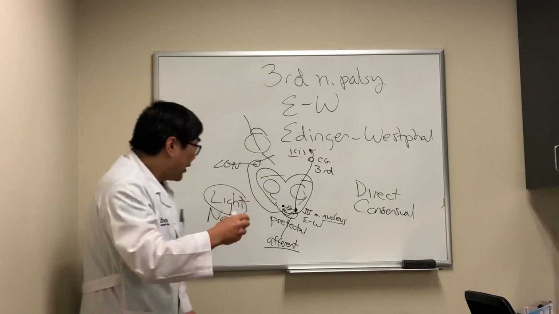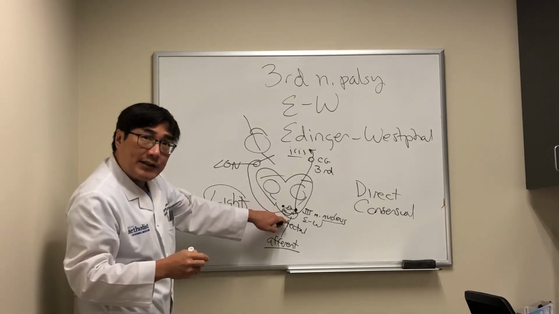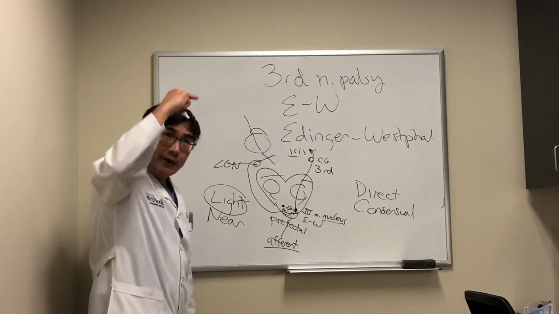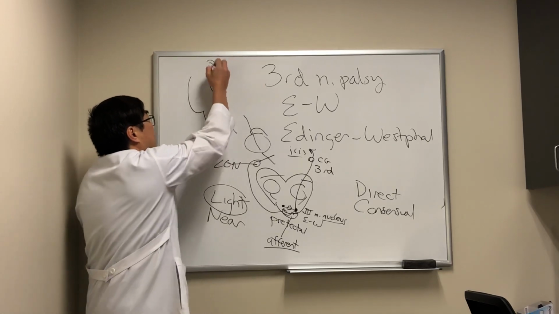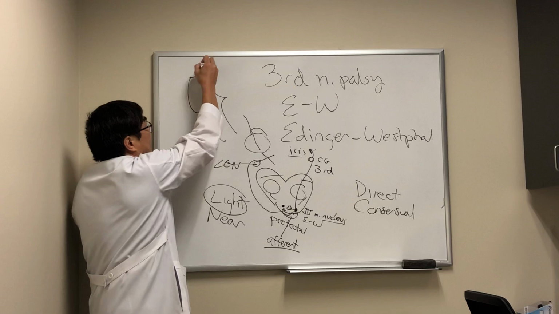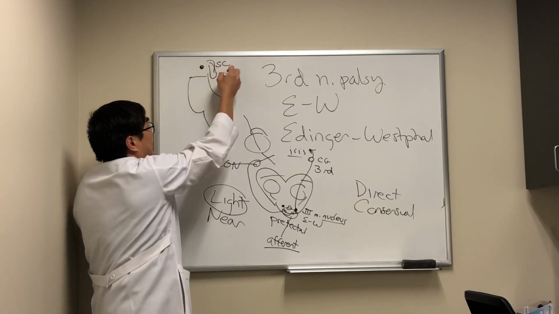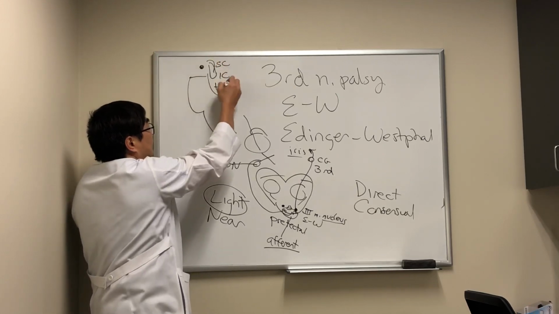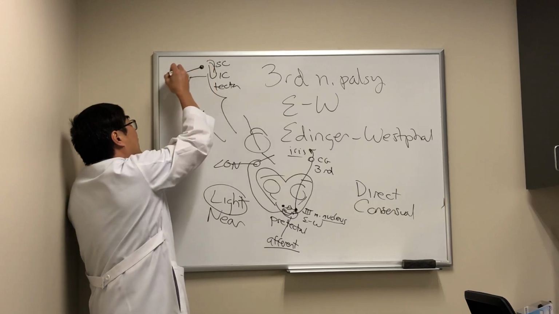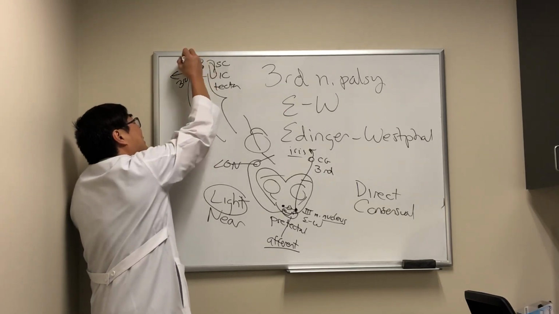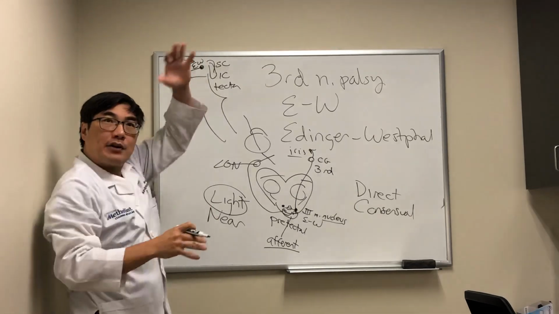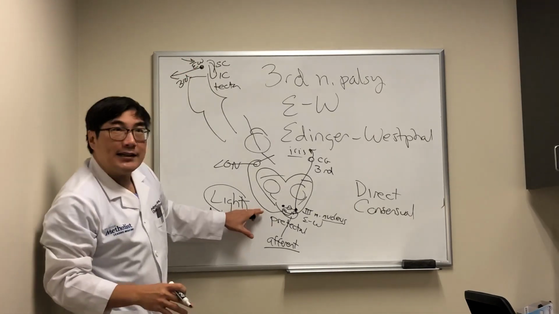In addition, there's a way that we can activate this Edinger Westphal nucleus from above. And so if we're looking at the midbrain here, here's my third nerve, superior colliculus, inferior colliculus, tectal plate, Edinger Westphal, third nerve. We can talk to this Edinger Westphal nucleus from the near pathway, and I don't need the light pathway.